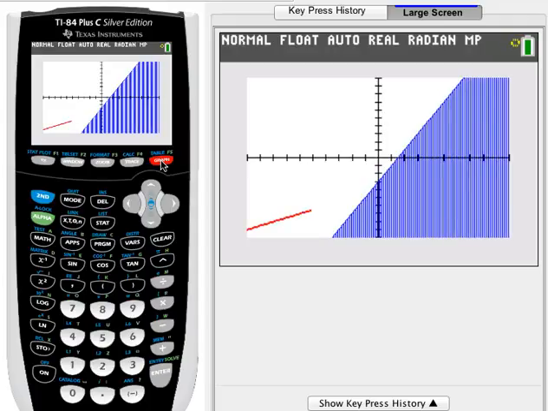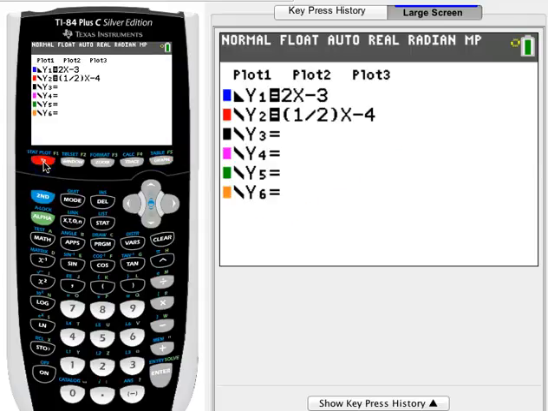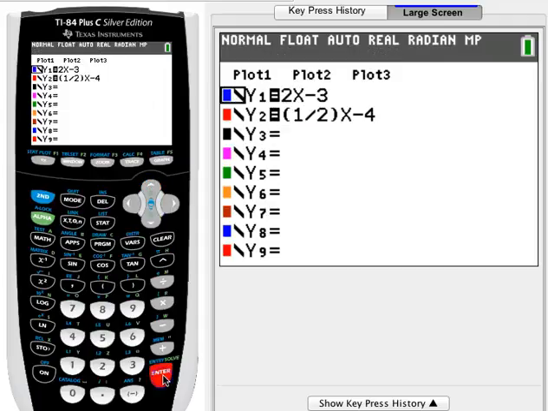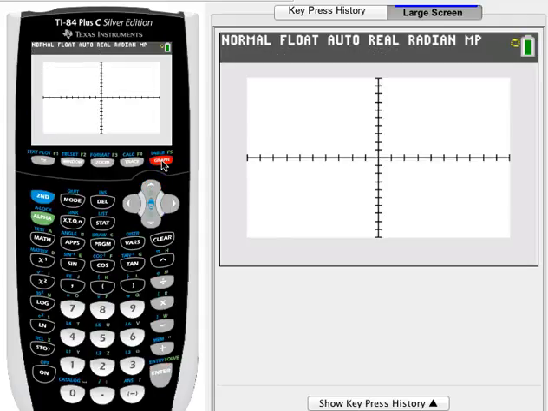I'm sorry, I left a feature on from a previous thing, so let me fix this really quickly. There we go. Graph.